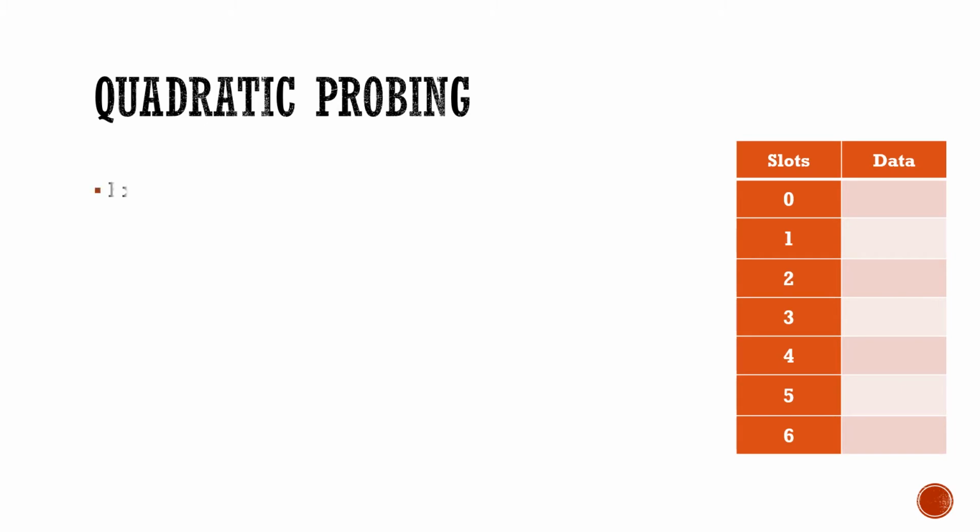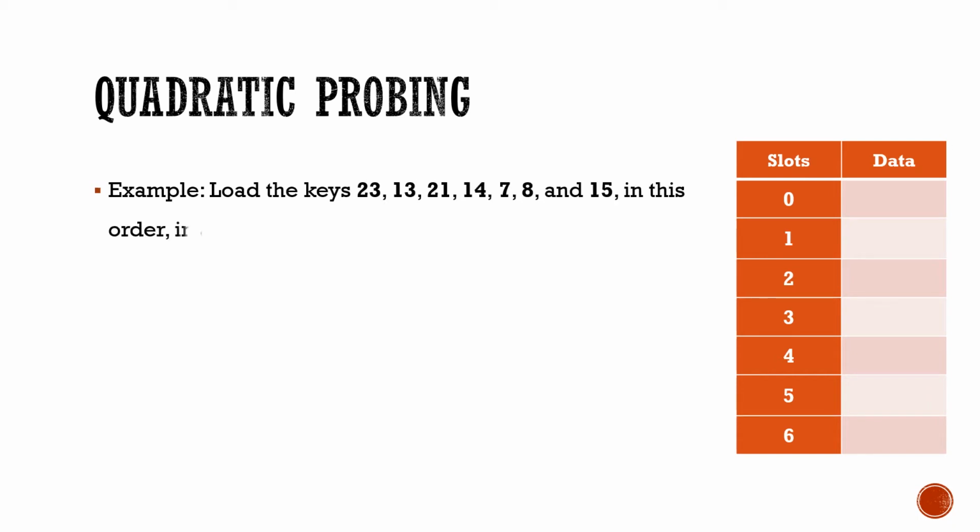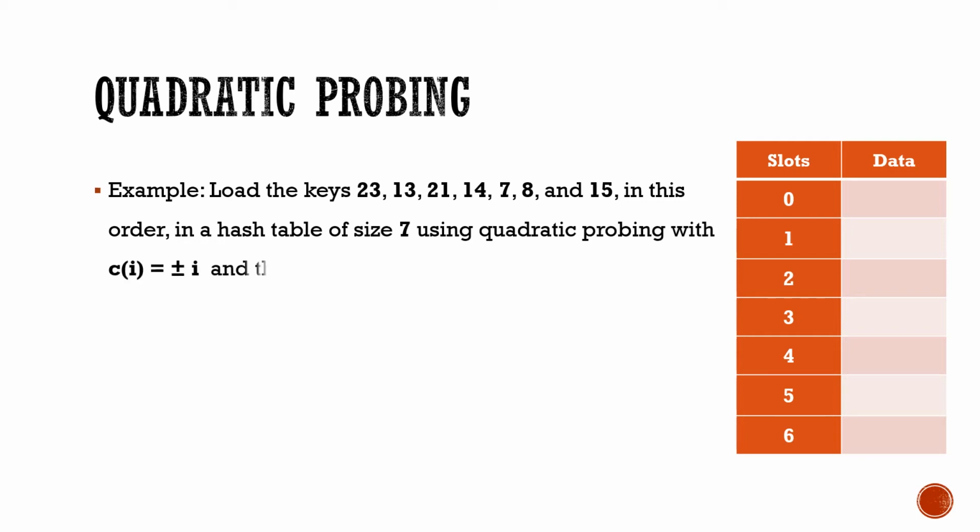Load the keys 23, 13, 21, 14, 7, 8, and 15 in this order in a hash table of size 7 using quadratic probing with c of i equals positive negative i squared and the hash function h of k equals k modulo 7.